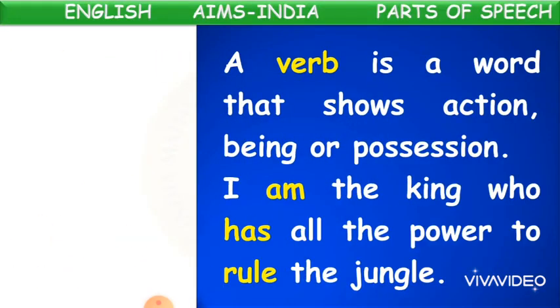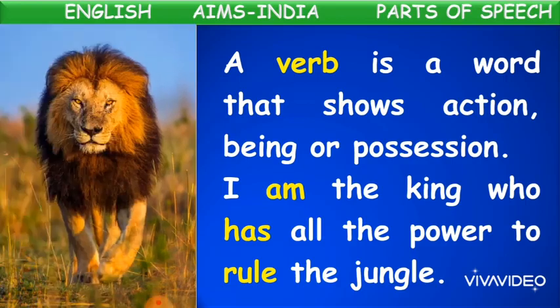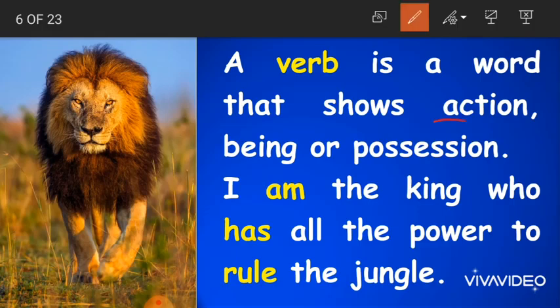Yes, what is it? It is a verb. What is a verb? A verb is a word that shows action, being or possession. Like we have been learning since 3rd class, a verb is an action word where some action is shown, in the sense that some work is done.